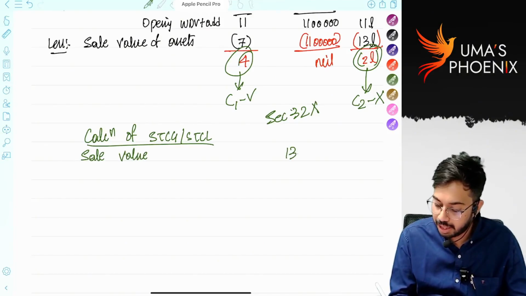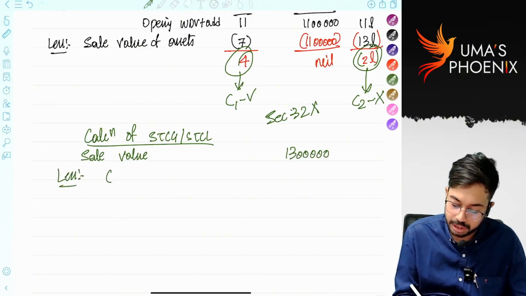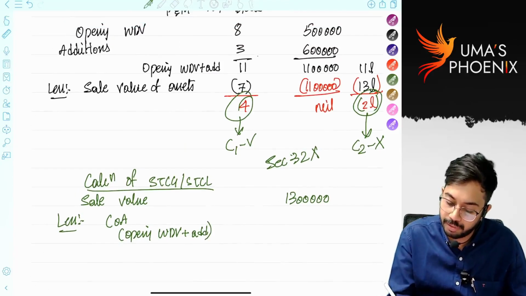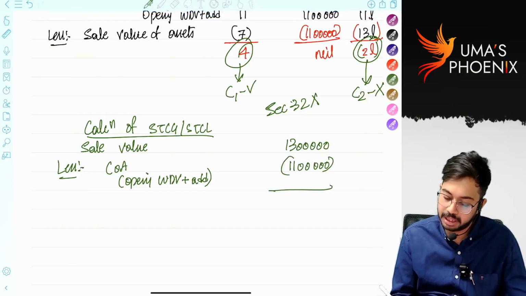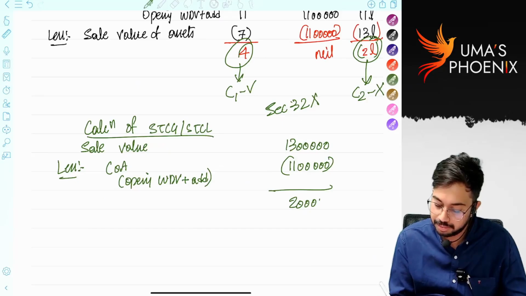Sale value is 13 lakhs. From that, we will reduce the cost of acquisition, which is opening written down value plus additions. How much is that? 11 lakhs is allowed as cost of acquisition. Okay. Now, how much is the balance? 2 lakhs. 2 lakhs will be considered as short-term capital gain. Is it clear?